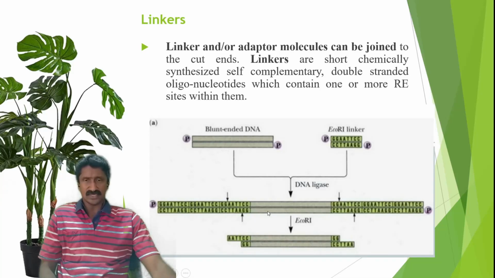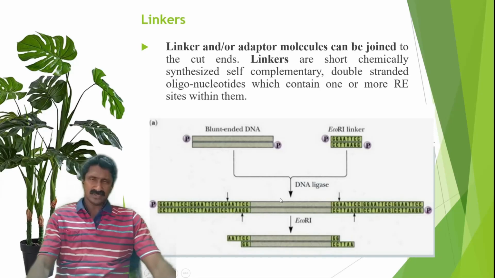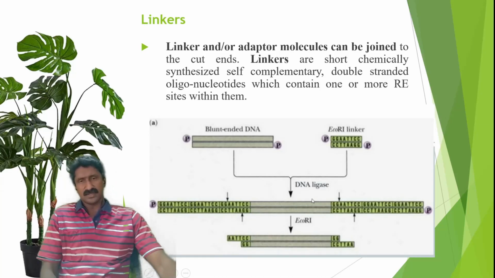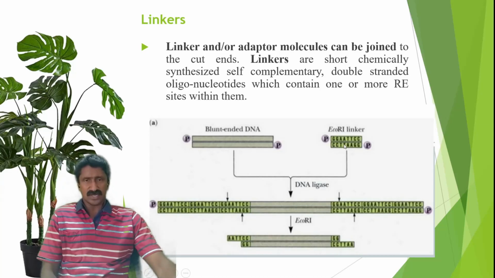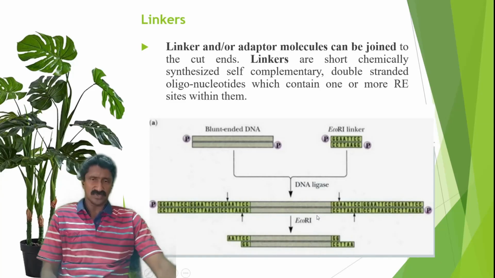So once the linker is attached here, the linker molecules, which were chemically synthesized, can be attached to both ends of the DNA. For example, this is an EcoRI linker with an EcoRI restriction site.